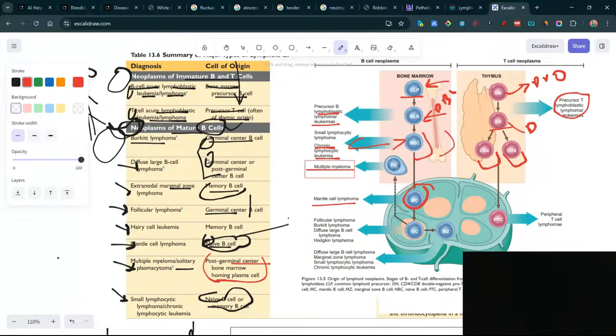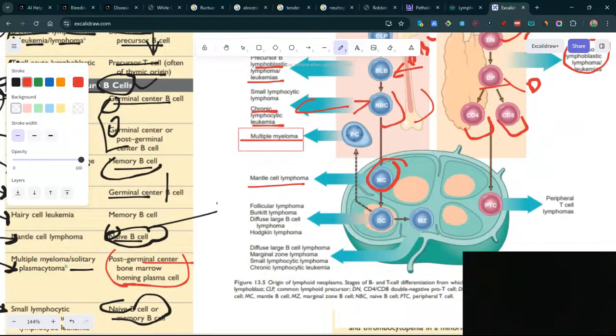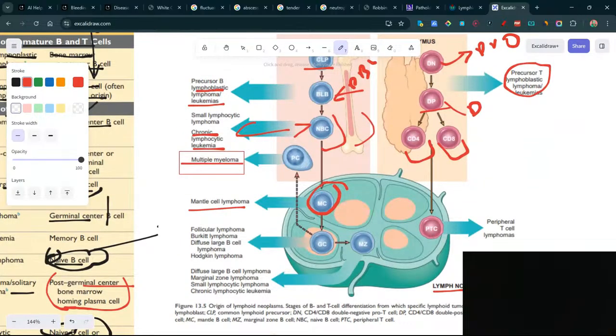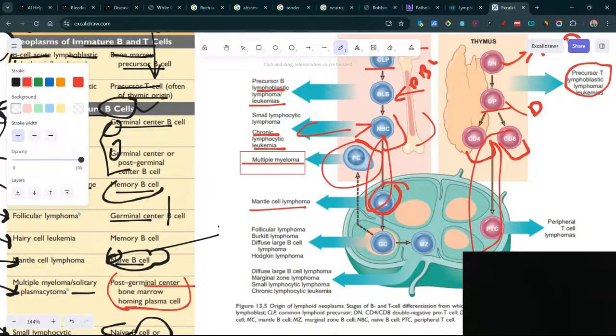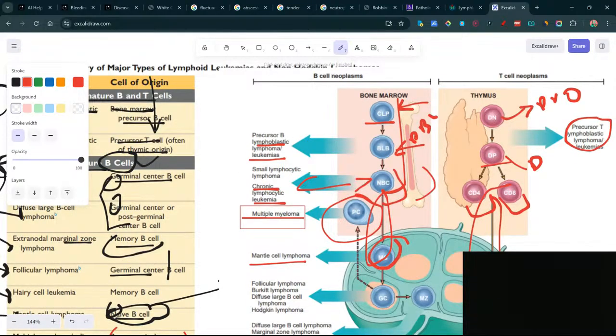As you can see, there is a lymph node here. All of these guys came here, migrate here, and also these guys convert here. As you can see, this is post germinal center. This is kind of the germinal one.